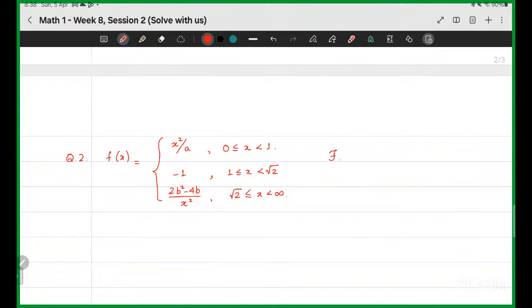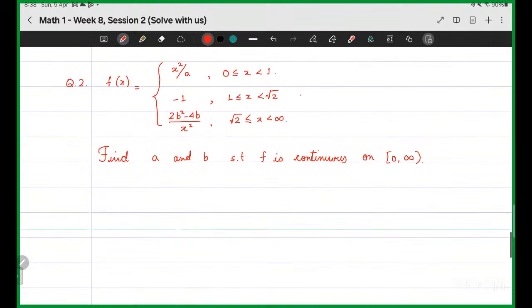Find a and b such that f is continuous at every point. When I say continuous on an interval or on a set, it means that it is continuous at every point on the set.